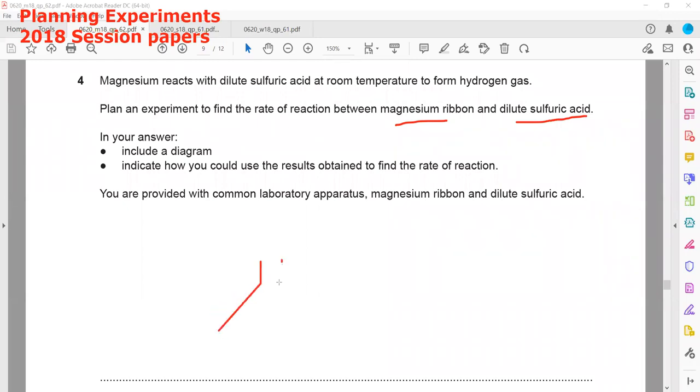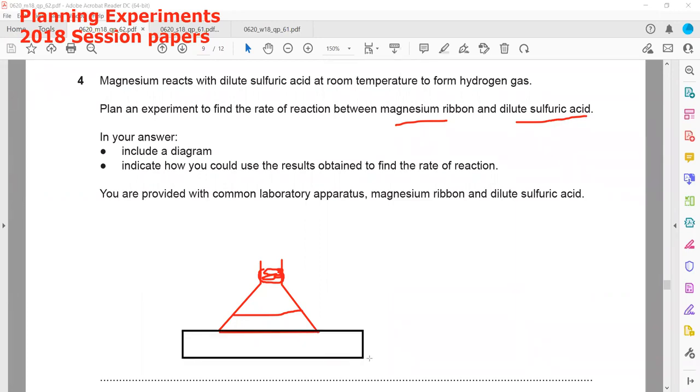then we have a conical flask in which we have sulfuric acid, and there's a cotton, so that the content in the flask does not escape, only the gas will escape, and we will keep it on the balance.